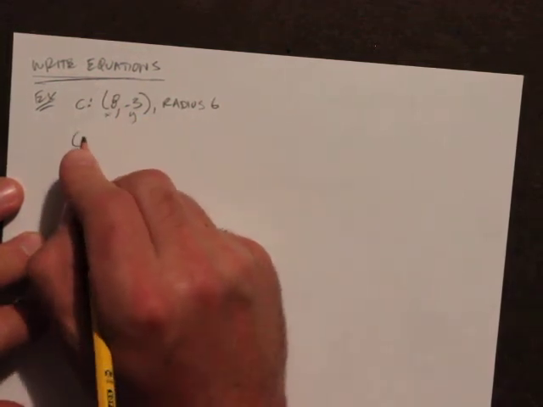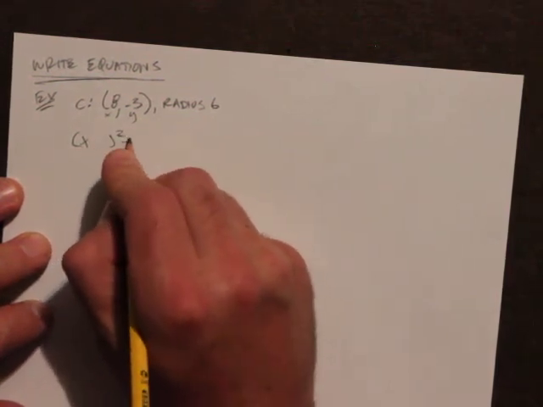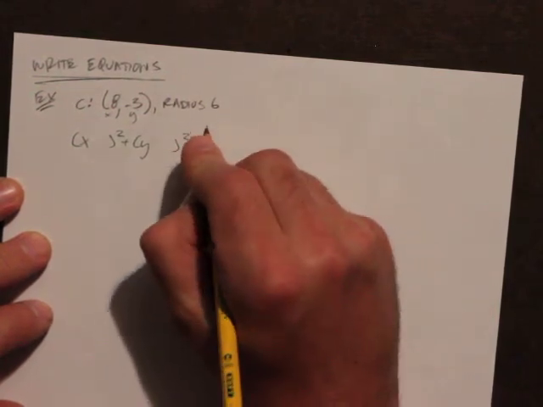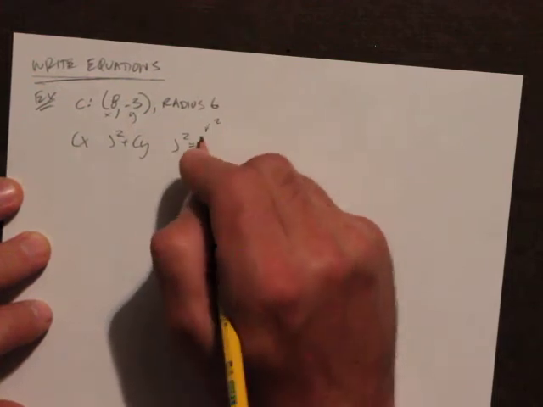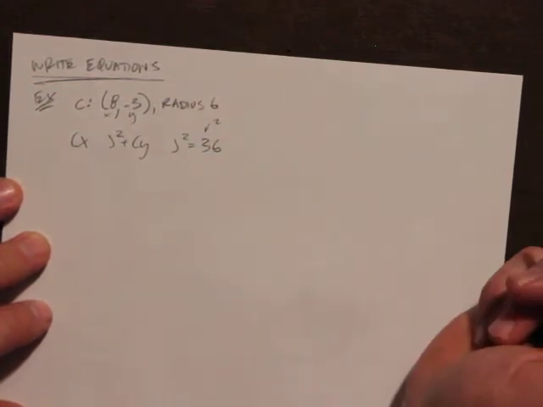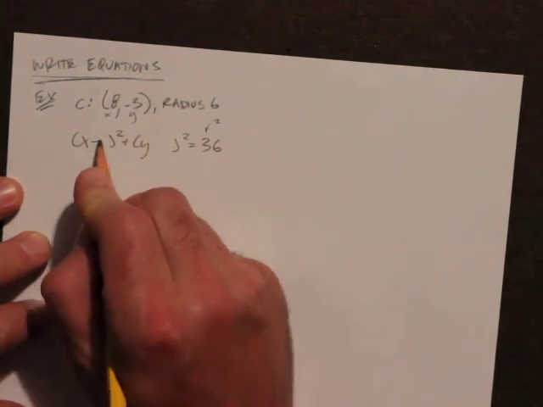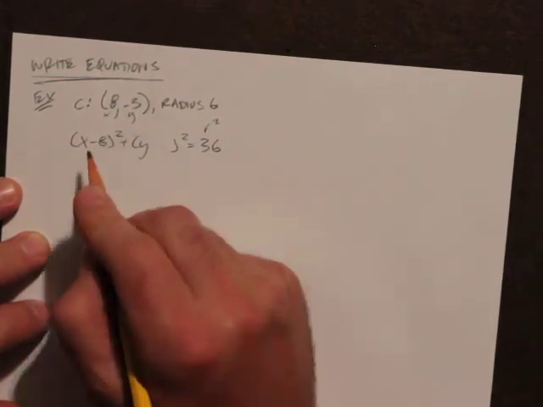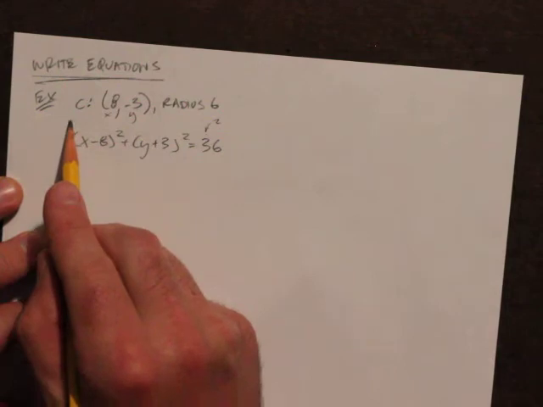So my standard form looks like x something squared plus y something squared equals r squared, right? And so my radius is 6. 6 squared is 36. That's not too bad, right? My x value here is x minus 8 because we do the opposite of the center here. And so y plus 3. So that was not too bad.